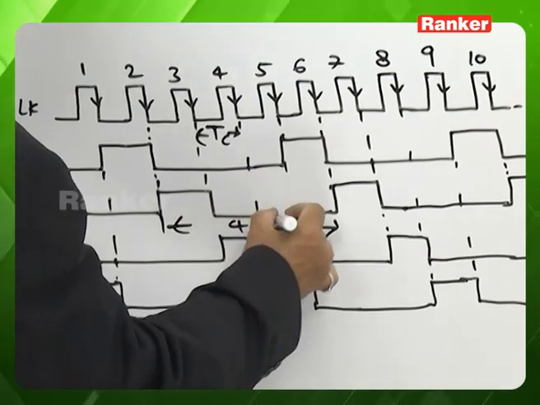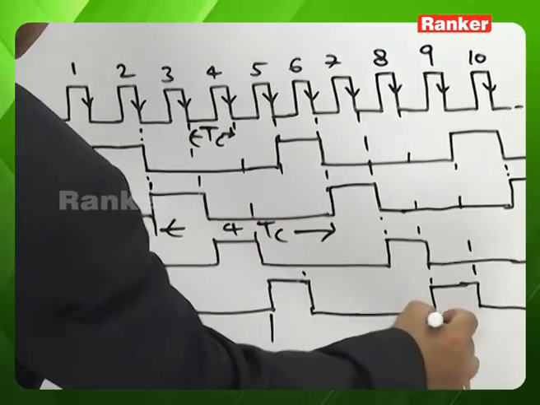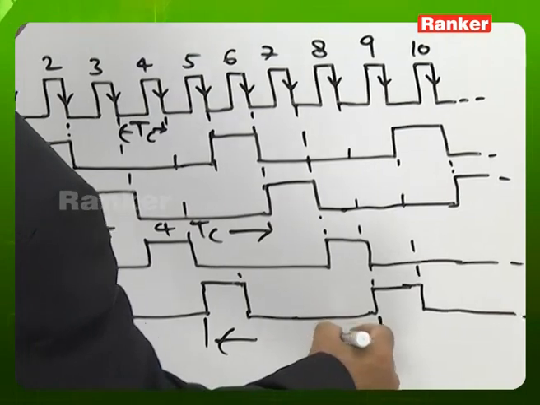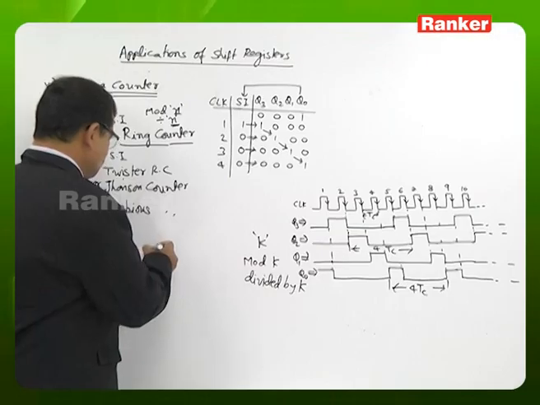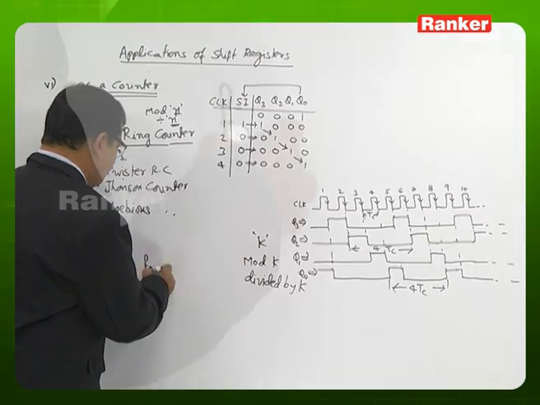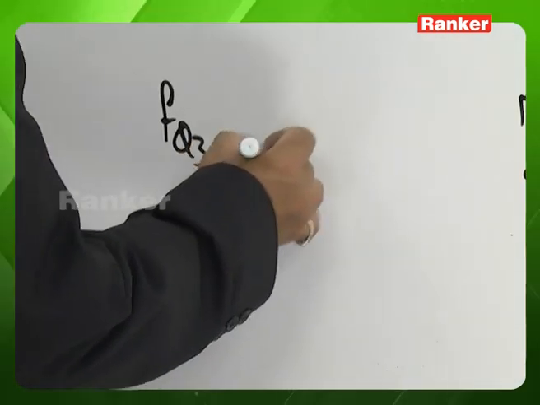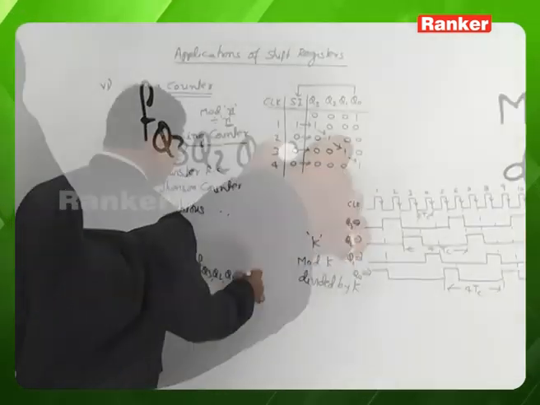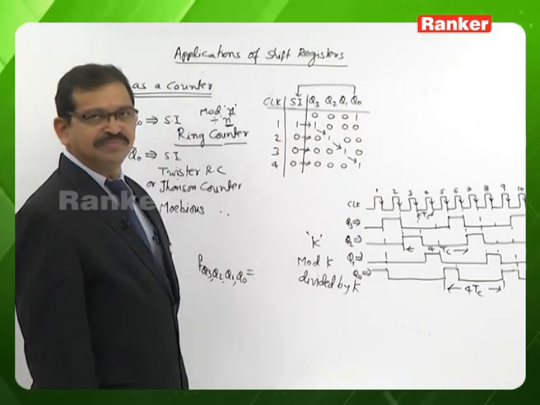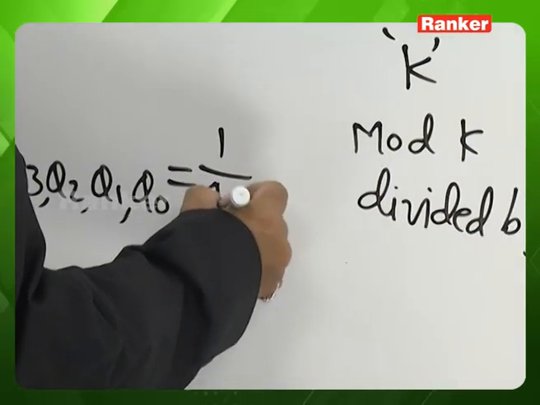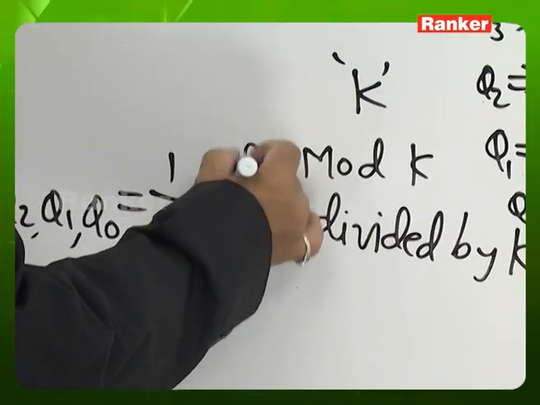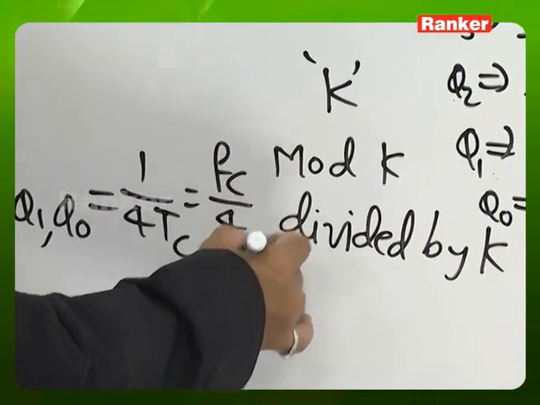It comes to 4 times Tc. So the frequency at any flip-flop output is 1 upon 4 times Tc. It is nothing but the clock frequency divided by 4.